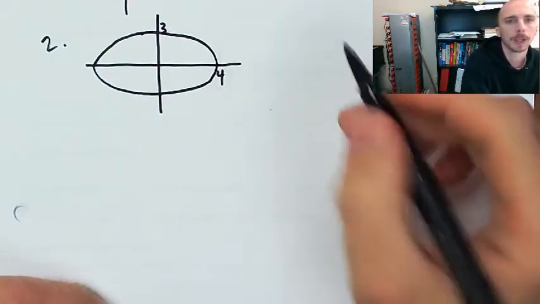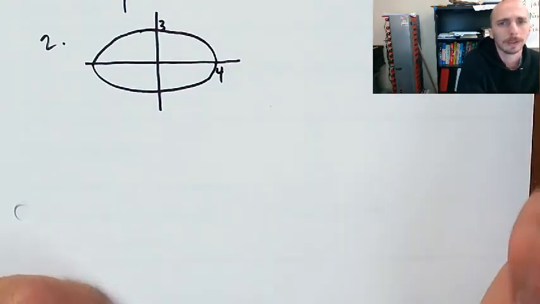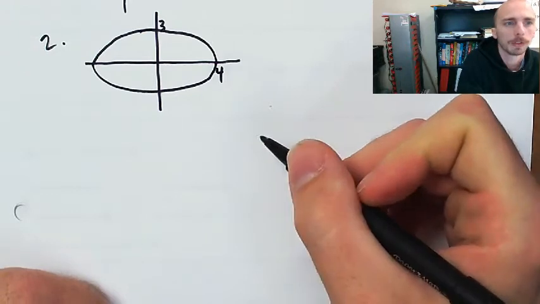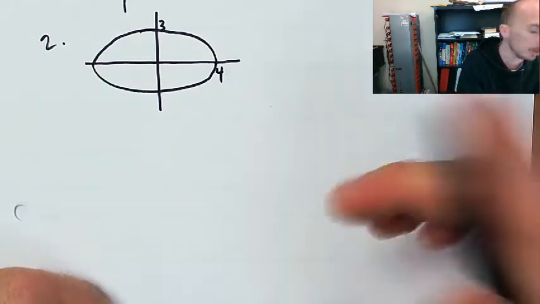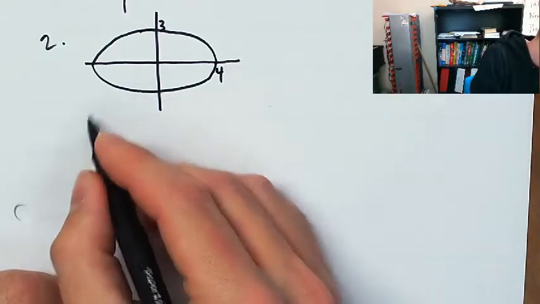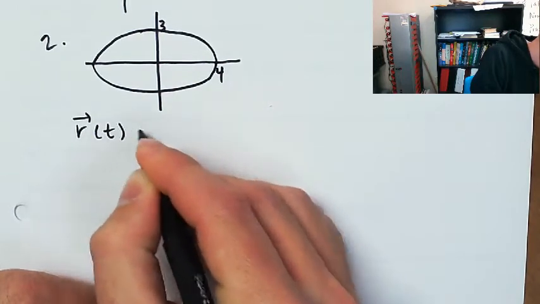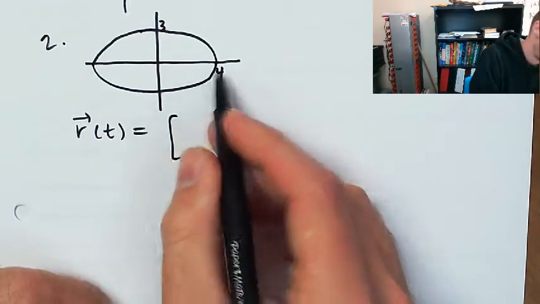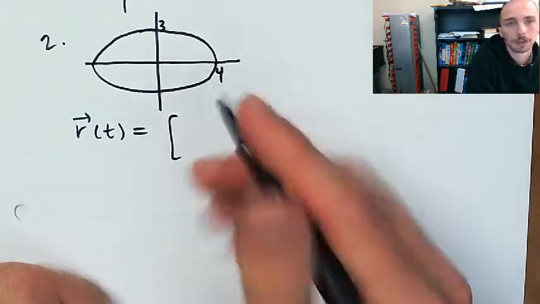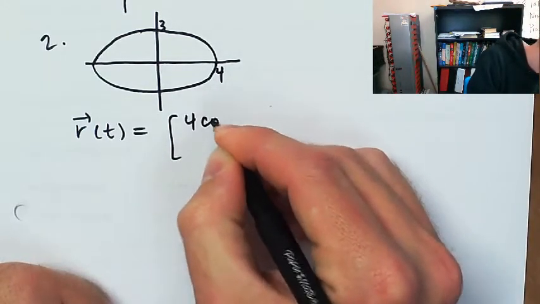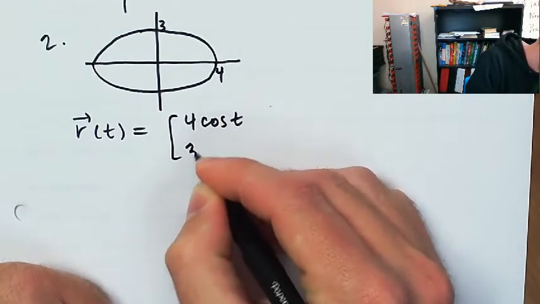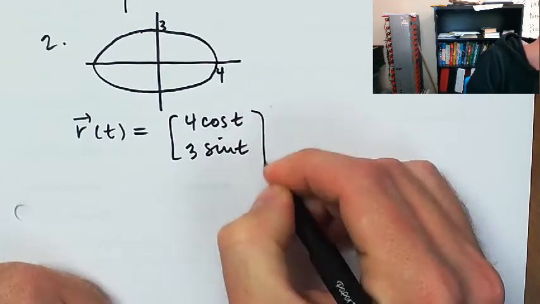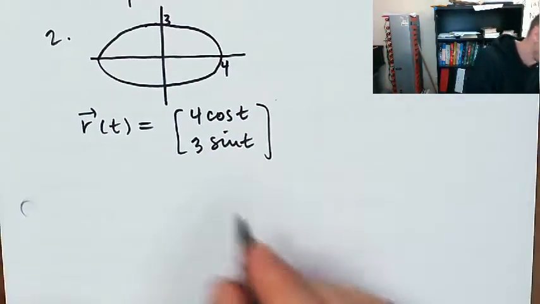Right, so it's like, okay, and maybe you went and looked up how to parameterize an ellipse on the internet, or maybe just see what it's going to be, but I can say r of t is going to be, okay, on the x direction, it's like a circle, except it's going to be 4 cosine t and 3 sine t as t runs from 0 to 2 pi.